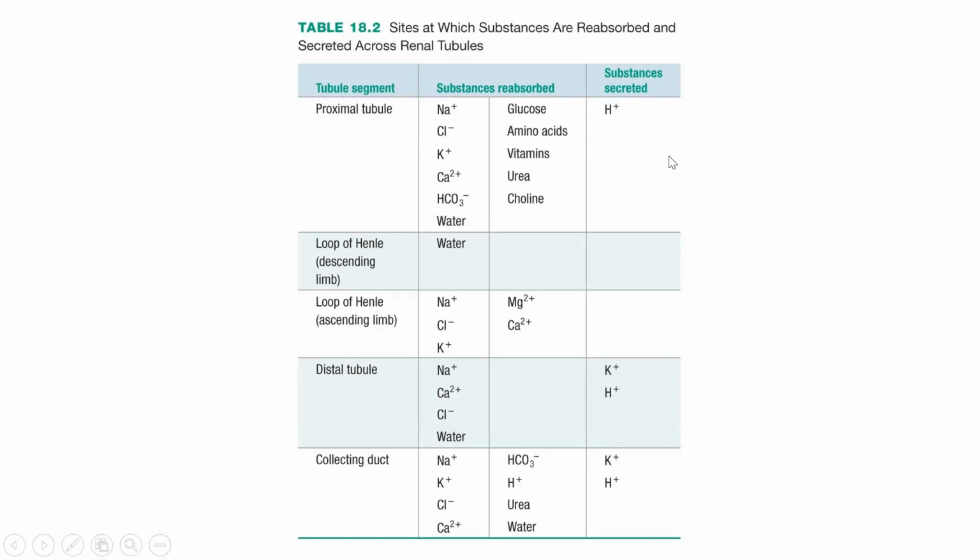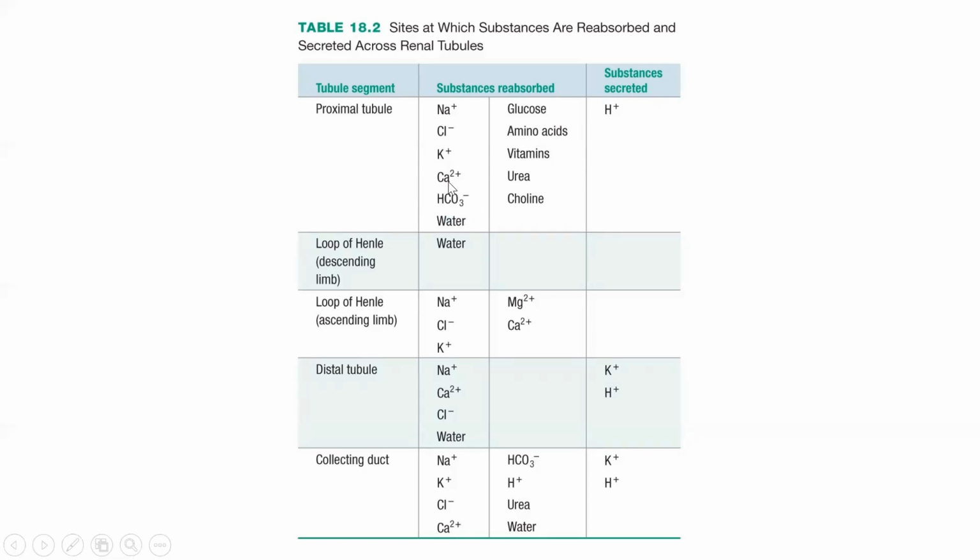And so this is a part of that acid-base balance, the ability of the kidneys to secrete hydrogen ions and to lose that excess hydrogen, which is acid, into the urine. Another trend that I pointed out was the ability of the proximal tubule to reabsorb a lot of the important substances, and bicarb is one of those important substances.